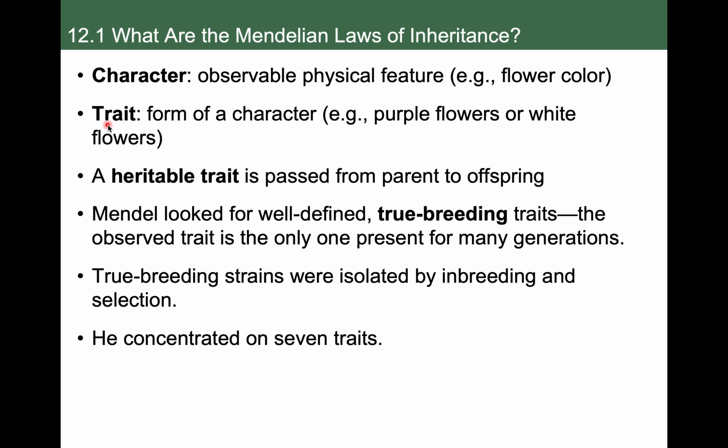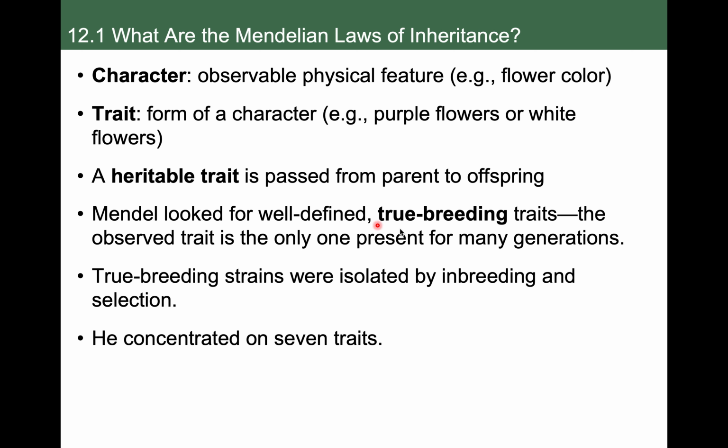So a purple flower versus a white flower, those would be two different traits of that one character. And now here we're focused on heritable traits, just meaning these are traits that can be passed from generation to generation. They're not traits determined by the environment, right? We're talking genetics here.